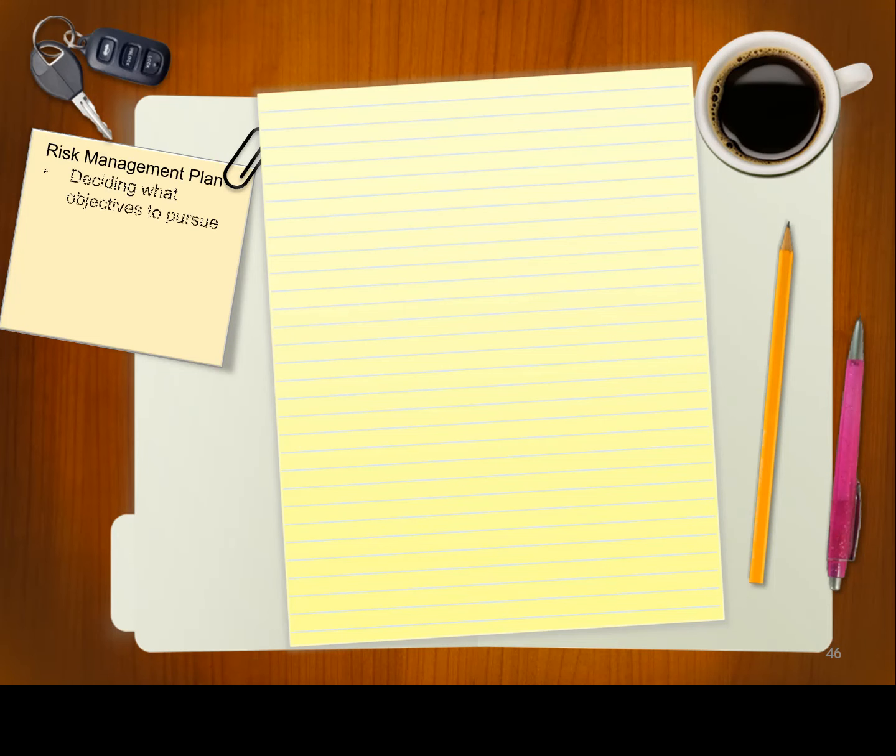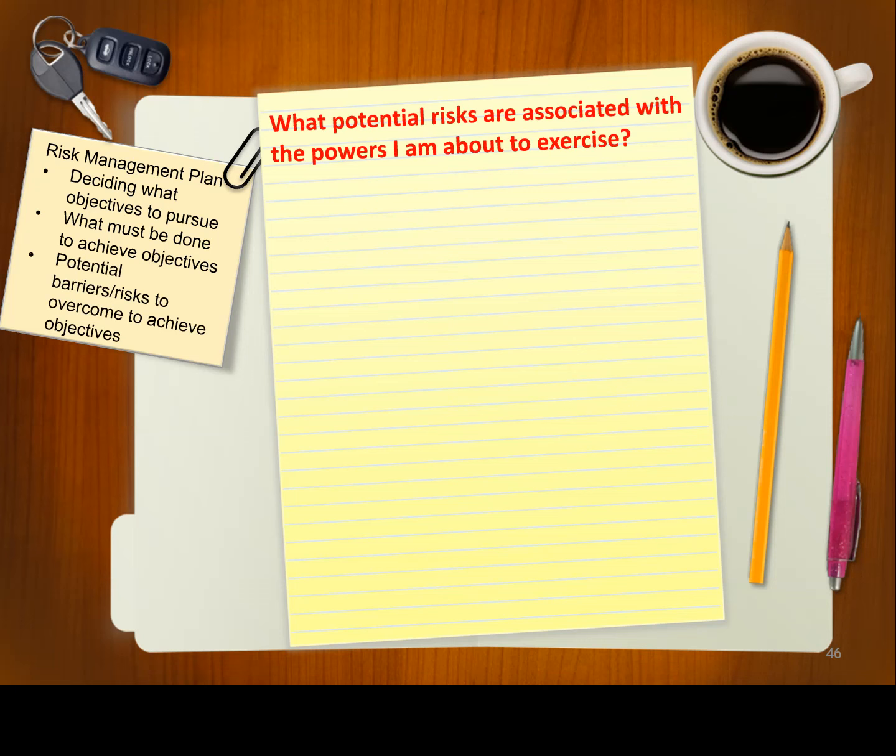What we need to do is put together a risk management plan, looking at the objectives, what must be done to achieve those objectives, and looking at potential risks or barriers that we need to overcome. Okay, so the potential risks associated with the powers you're about to exercise. This refers to question 2 of your short answer questions.